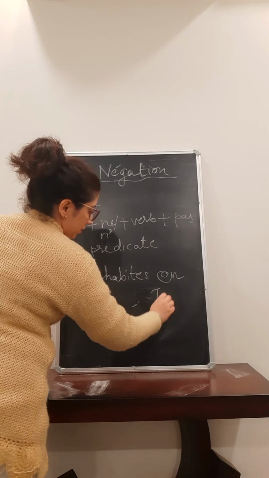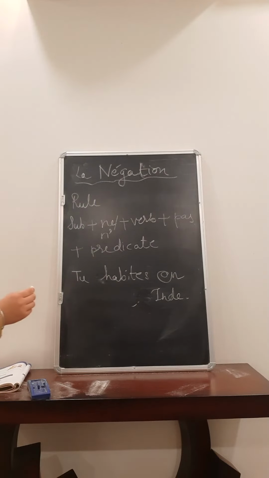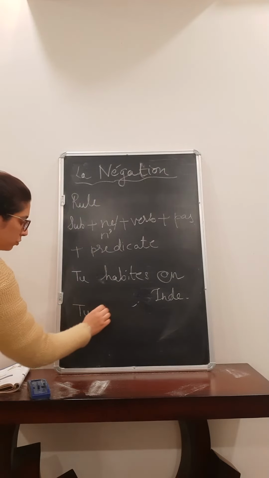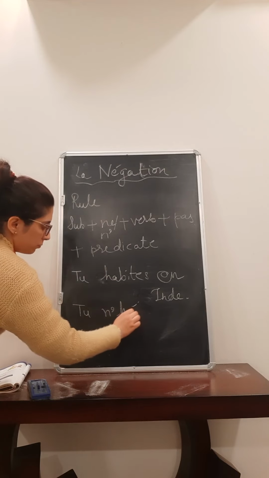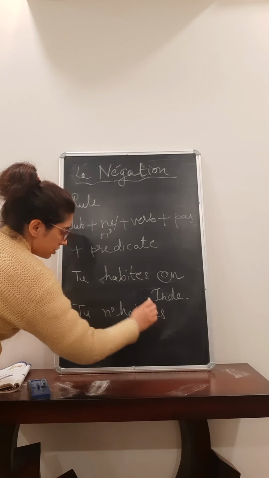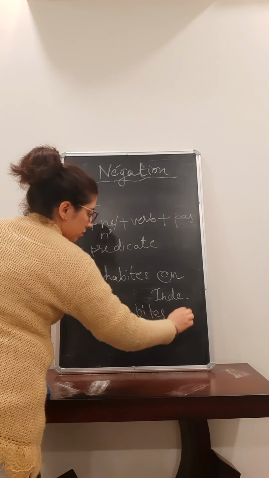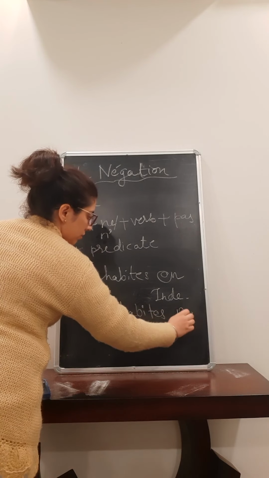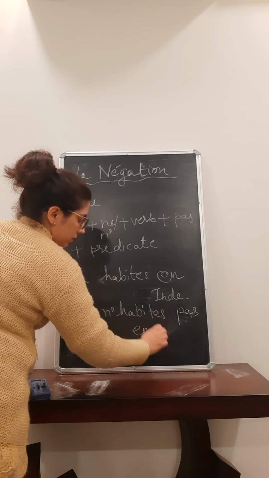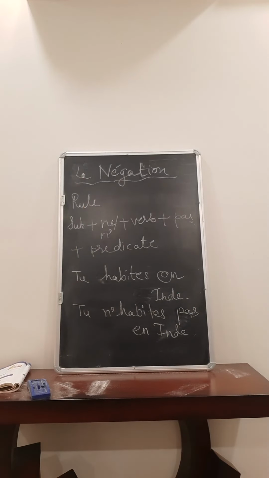Now you are not living in India. It will become tu n'habites pas en Inde. N-E will become an apostrophe because in French H and Y are treated as vowels here. Tu n'habites pas en Inde, in India.